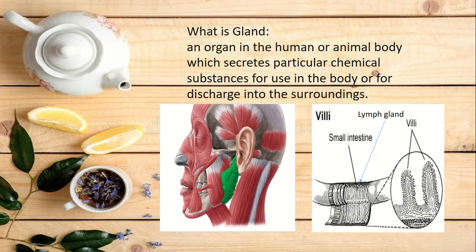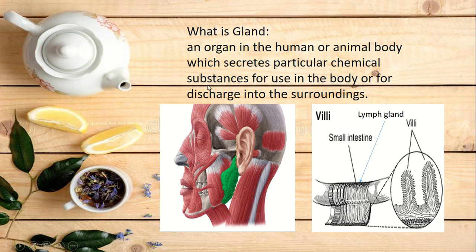So follow this. Previously I told you that the fatty acid and glycerol get absorbed in the body through the lymph gland. Where is this lymph gland situated? In the belly of the small intestine. So what is a gland? There are numerous glands in our whole body.